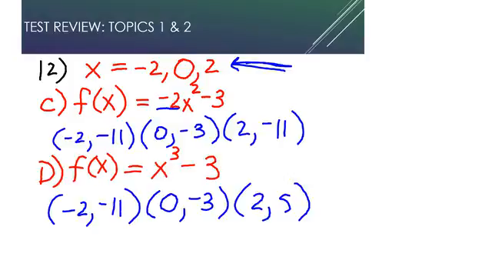Our next problem is to tell the equation for a square root that is right 3 and up 1. Right there. Okay, so I'm going to go right 3, which means x equals 3, and up 1, which means y equals 1. Okay.